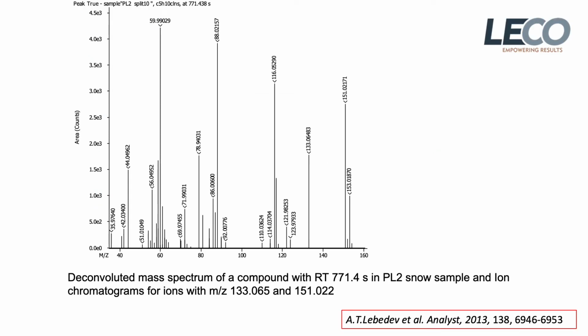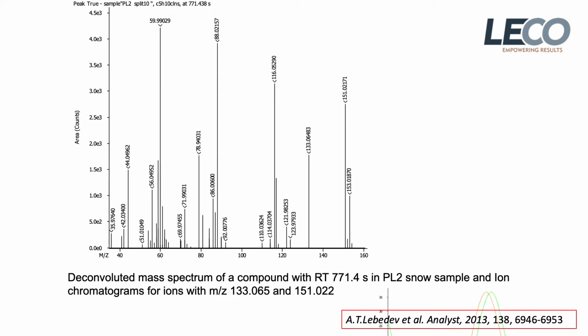Another example, peak 151 could be considered as a possible molecular ion, and we could even say that it contains 1 chlorine atom. However, ion 133 interferes with this hypothesis because the difference between 133 and 151 is only 18 mass units, and 133 doesn't contain any chlorine.